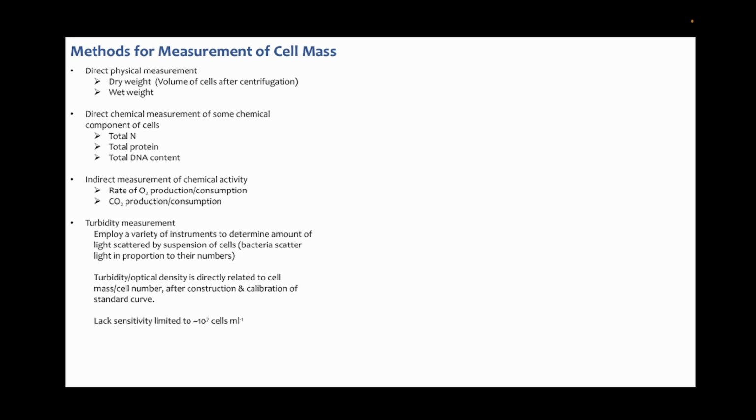Okay? So for bacteria, usually we measure phospholipids. Okay? For phototrophs, usually we measure chlorophyll a. For fungi, you can measure either chitin or ergosterol.